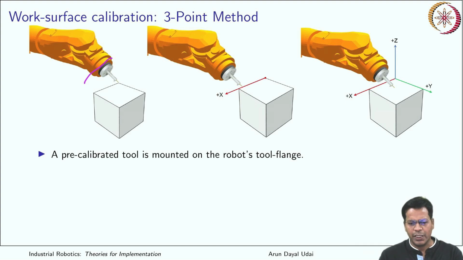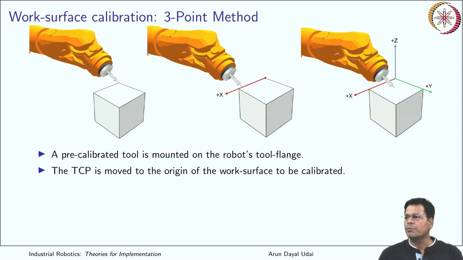Okay, it is mostly a sharp tip which can be pointed on any location where you wish. Okay, so that is the first job. So after doing this, this TCP is calibrated already and your robot forward kinematics can quickly find out the tip of your tool location with respect to the robot base.